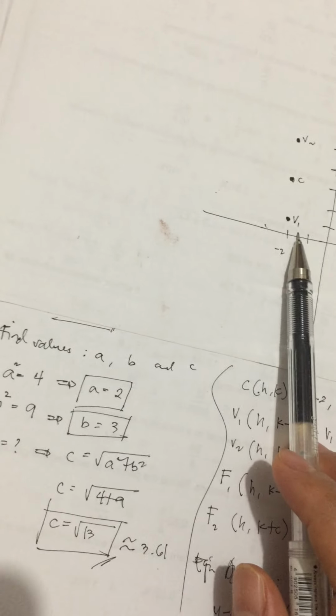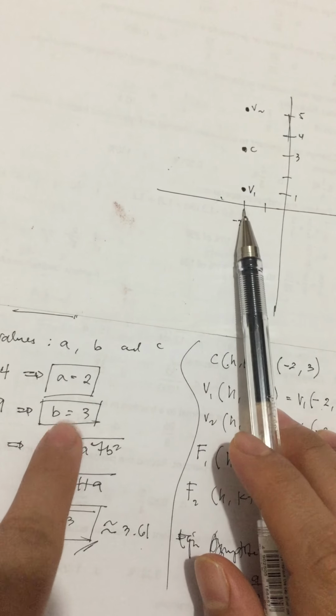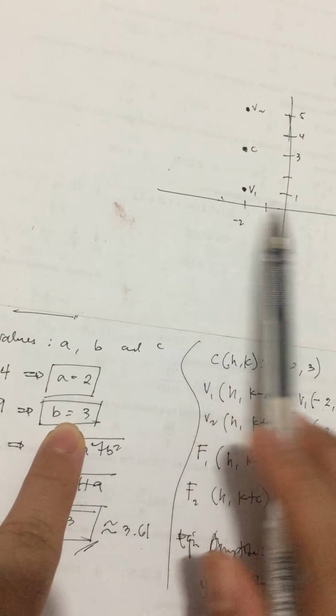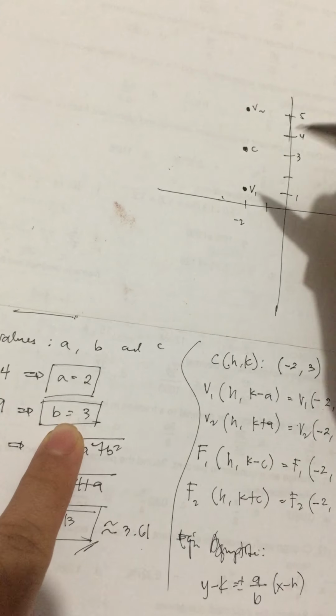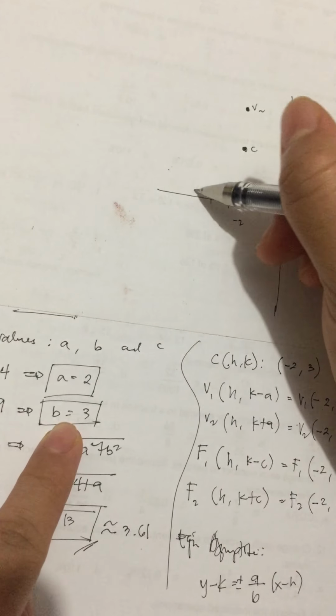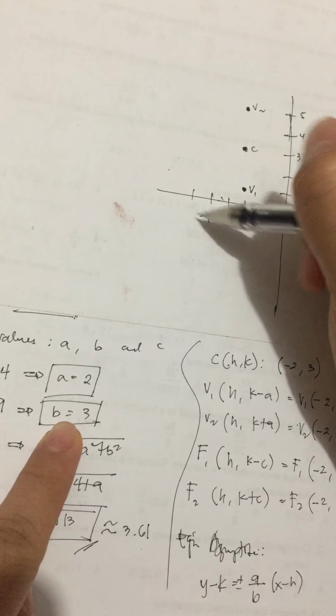Ang ating B, para sa ating rectangle, kailangan nasa left or right. Okay, so patayo man ito. So, ang B mo, left or right? Left or right. So, 3 units to the left, 3 units to the right. So, count tayo. 1, 2, 3. So, ano na ito? Negative 3, negative 4, negative 5.